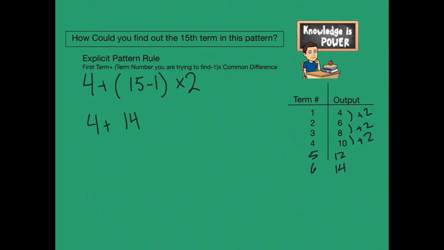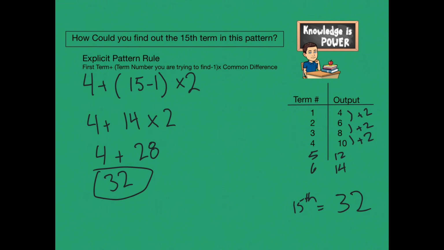We can open up our brackets now because we did what was in it. The next step would be multiplication. 14 times 2 is going to give us 28. And then last, 4 plus 28 is 32. There we go. We have our answer. Our 15th term would be 32.